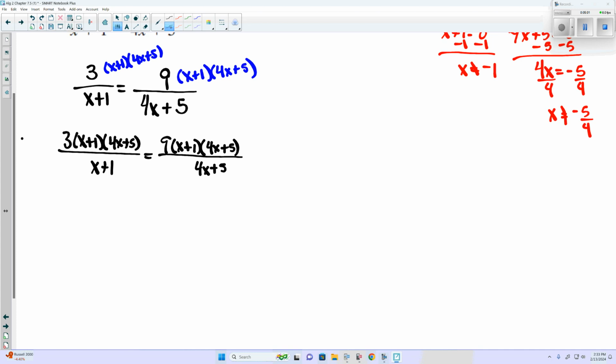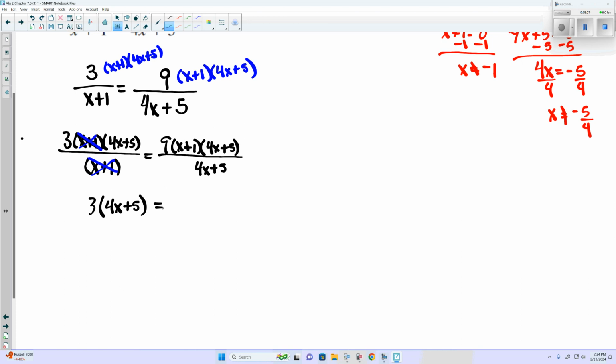Now, part of the reason we did this is because if we look at the left side, since it's multiplication on top, the x plus 1 and x plus 1 will cancel, leaving us with 3 times 4x plus 5.